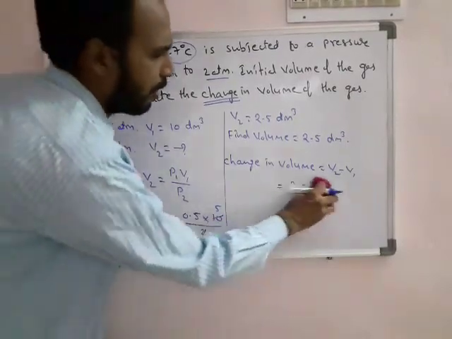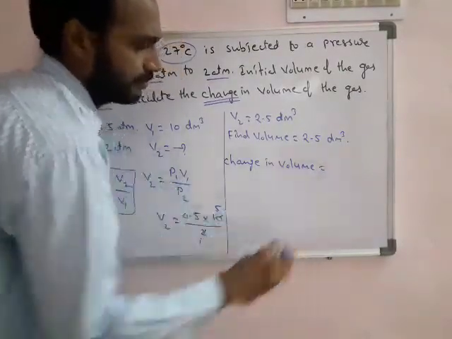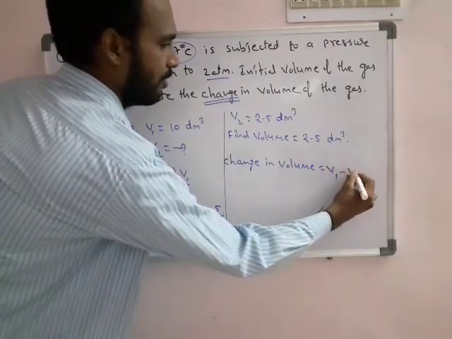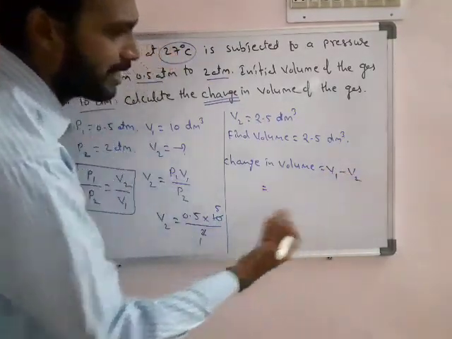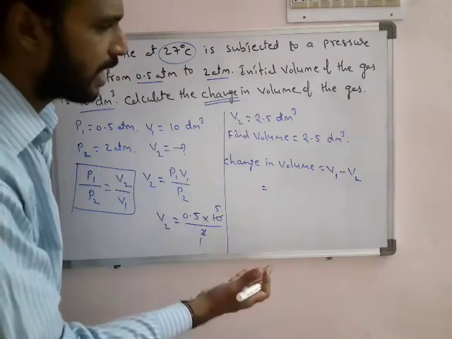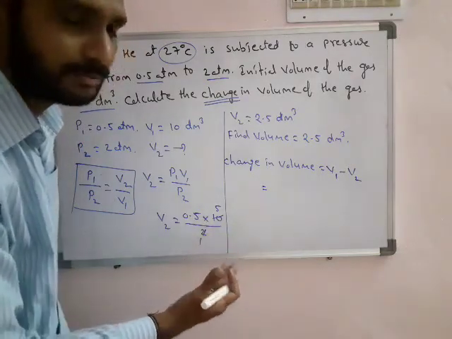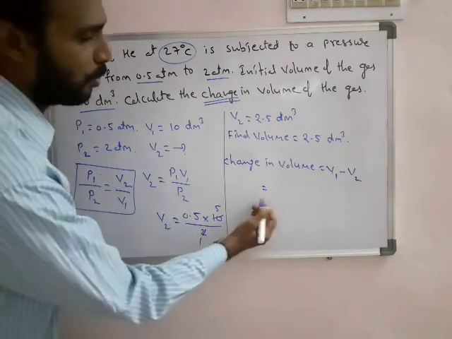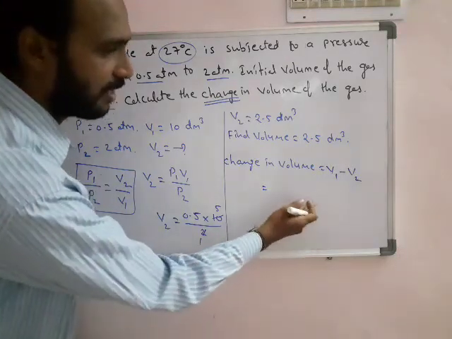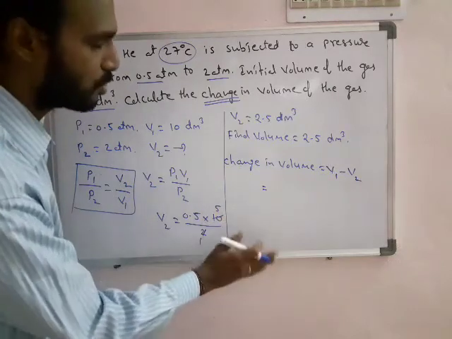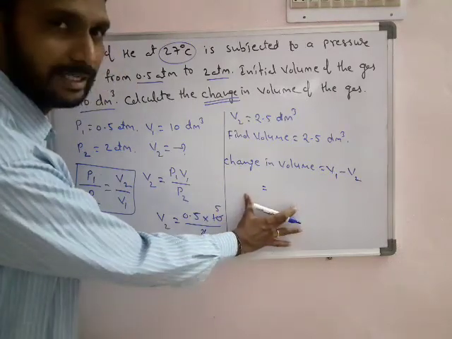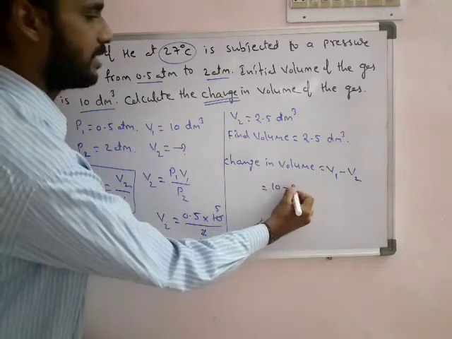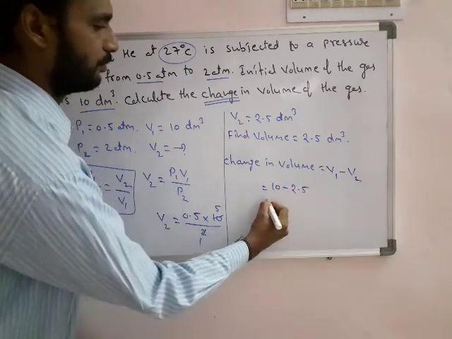Let's take higher minus lower. If we take lower minus higher, we will get the negative, which indicates the decrease in the volume. No problem taking V2 minus V1 or V1 minus V2. Just to get positive values, we are writing V1 minus V2, since the volume decreased from 10.